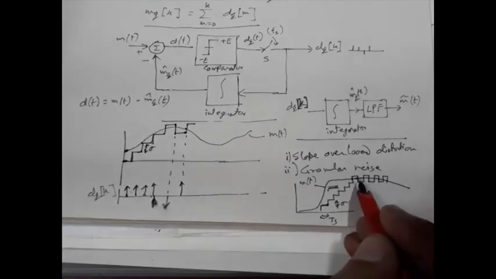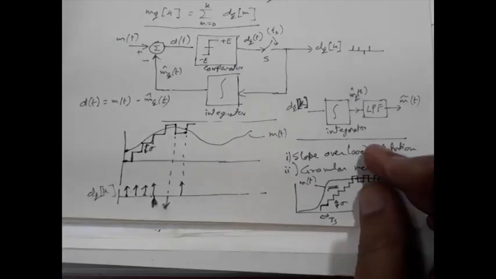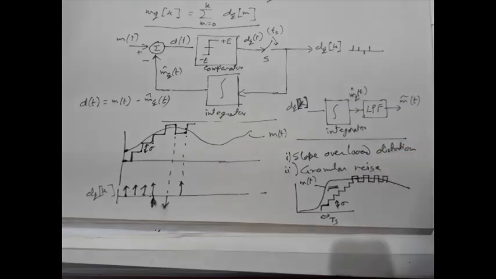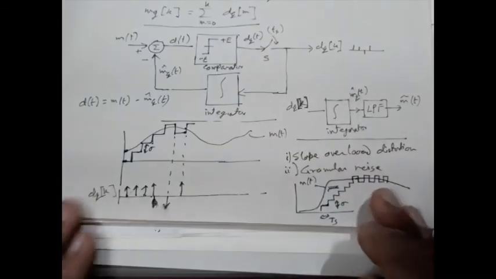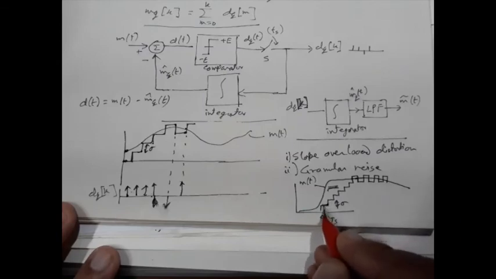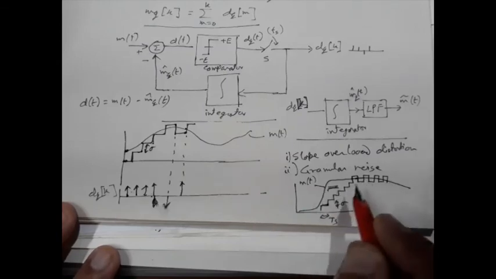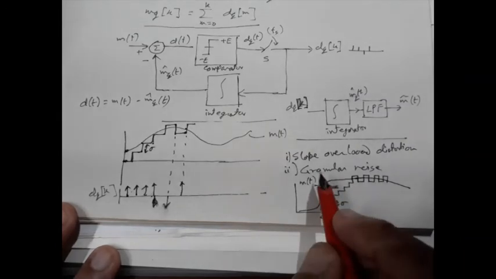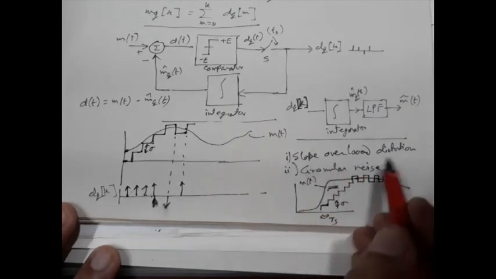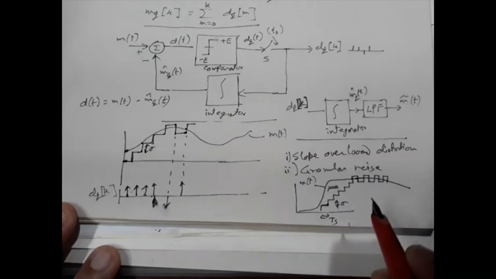In other words, if we want to reduce this granular noise, the step size must be smaller. But once the step size is smaller, the slope overload distortion will be higher. So that is a conflicting situation. If we want to reduce slope overload distortion, granular noise increases, and vice versa.